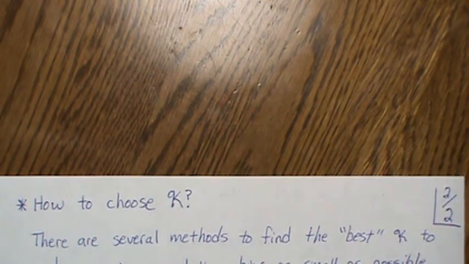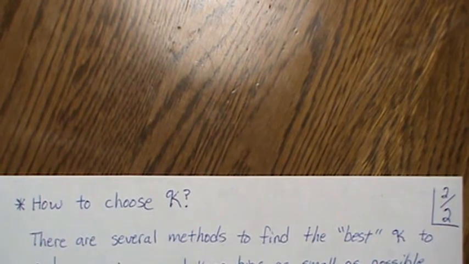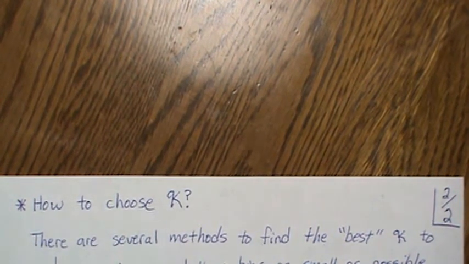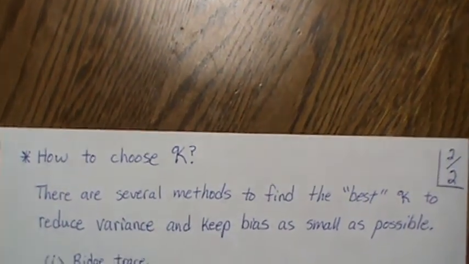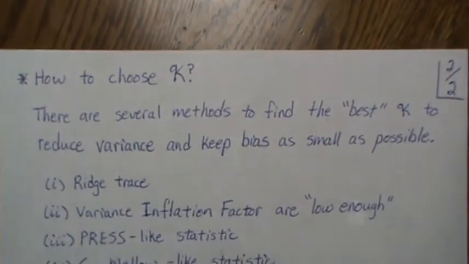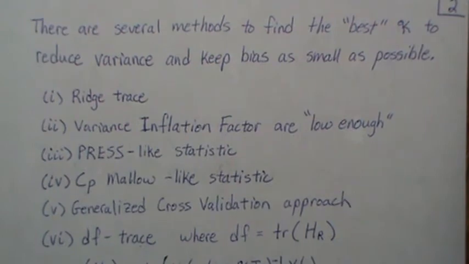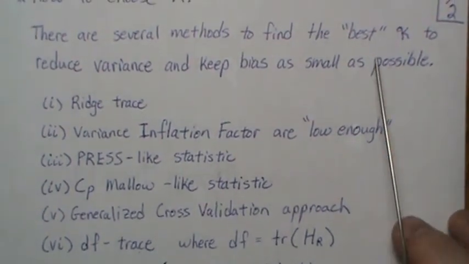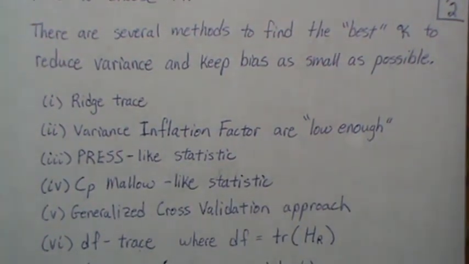So you want to pick a value where the estimators become stable, with lower variance, while you try to keep the bias as small as possible. That's the goal of this. I'm just going to read off a few things and not go into them, and you really need to investigate each of these to understand what they're doing. But the ultimate goal is to find that best K, where it reduces the variance and keeps the bias small.